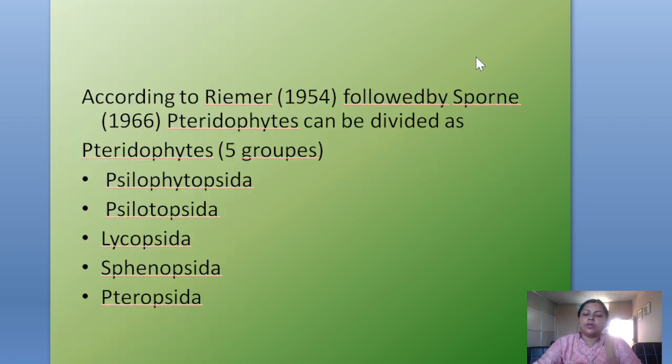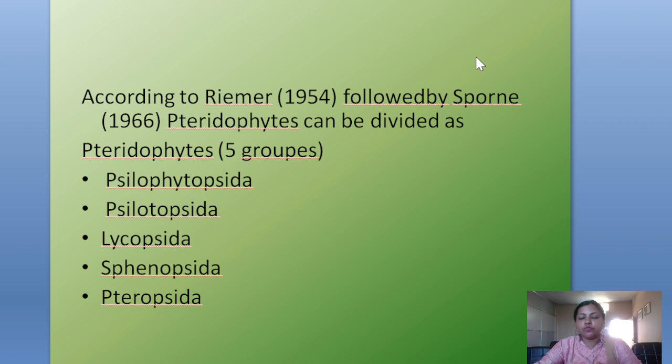When we talk about morphology, it means the characters we can see externally, the external characters. There are different characters, but it is better to discuss them by comparing the different groups.